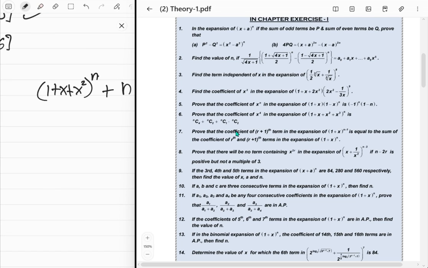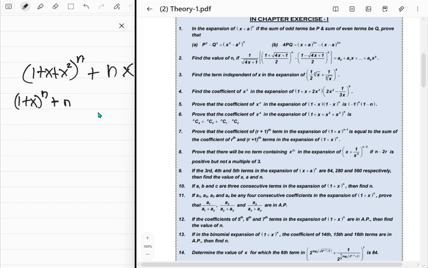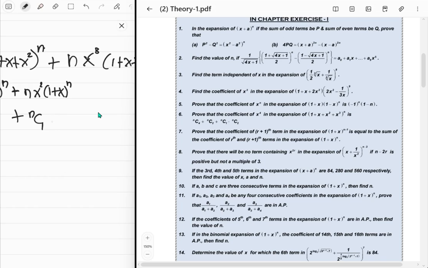And now it's the question of asking what's x power 4 in this. So x plus x squared, power of n. Yeah, so you can break this apart as well. You can write this as (1 plus x) power n, plus n x squared into (1 plus x) power n, and then you need another term, so it's going to be n into nC1, n into n minus 1, nC1 actually, and then you've got x power 4 into (1 plus x) power n minus 2.